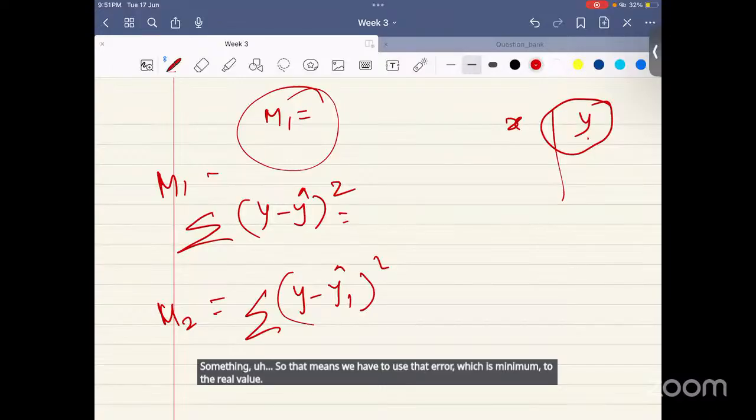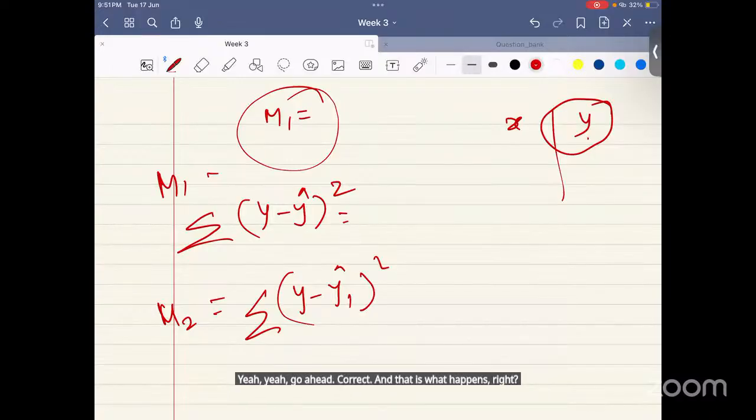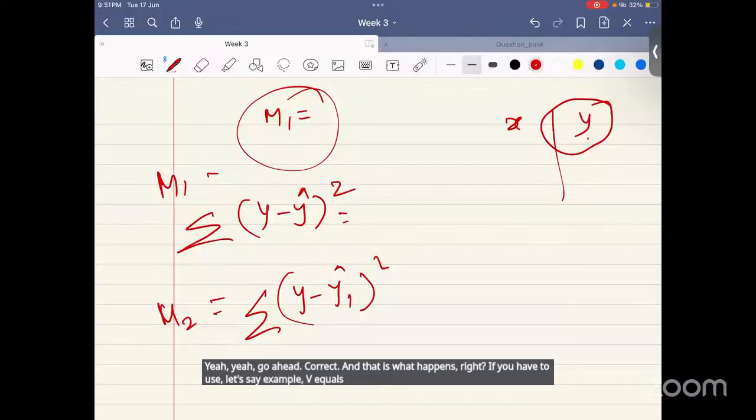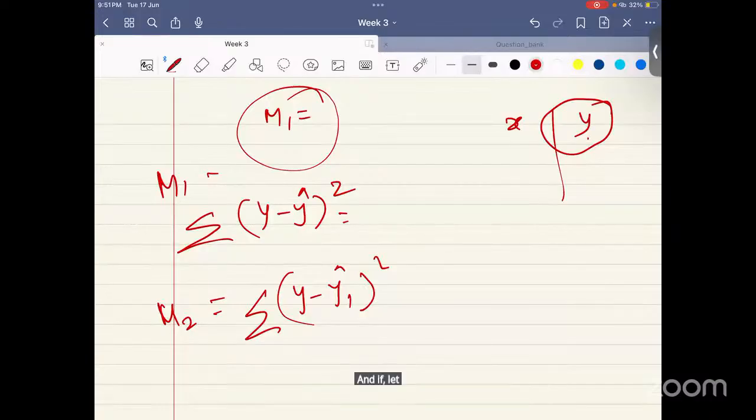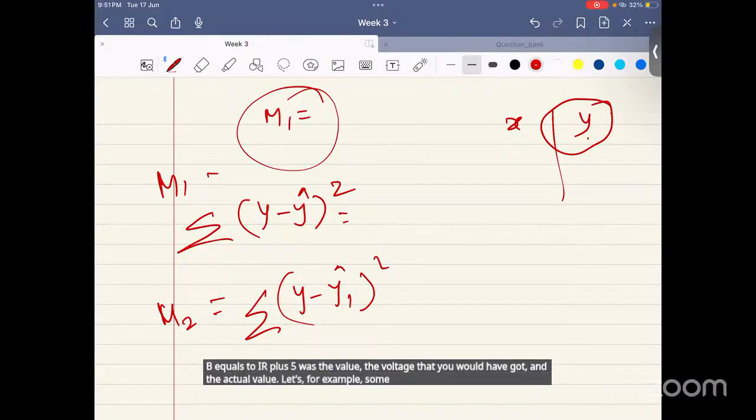Correct. And that is what happens, right? Let's say, for example, somebody came with the equation v equals ir plus 5. Suppose some data collection was done, of voltage versus current and resistance, and v equals ir plus 5 was the closest, then you would be following v equals ir plus 5.